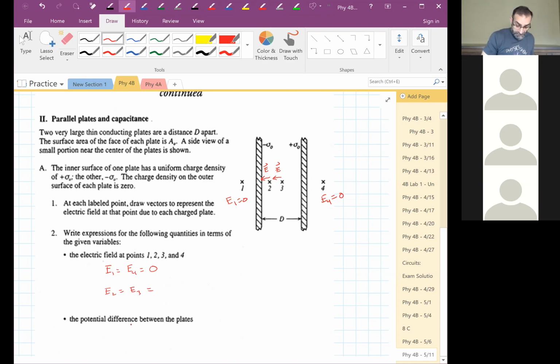Yes. Sigma over epsilon naught. In this case, they're calling it sigma naught, I guess.